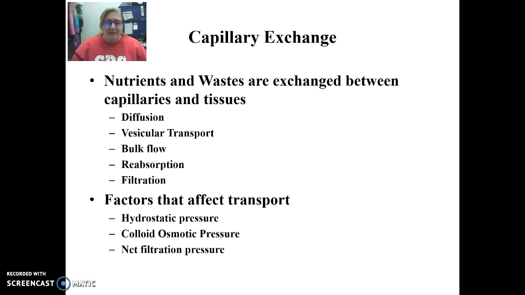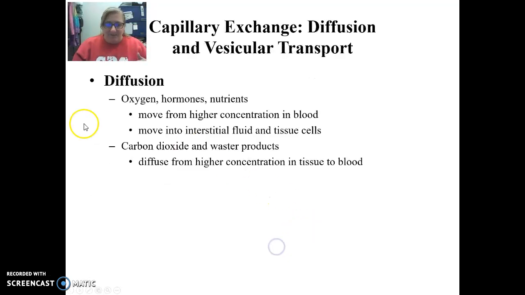The net filtration is the difference between the hydrostatic pressure and the colloid osmotic pressure then. We'll talk a lot more about this in a few more slides, okay?